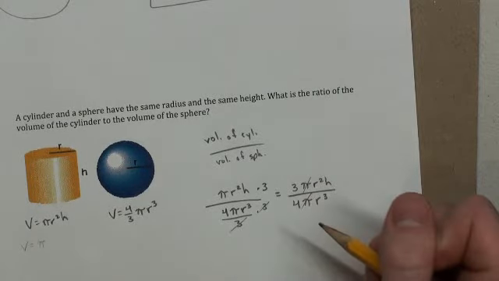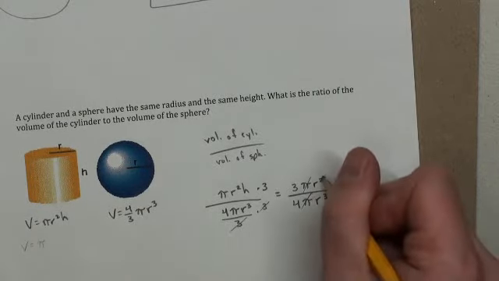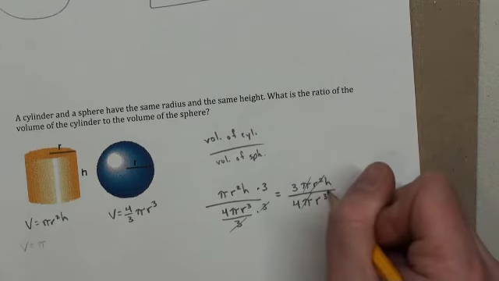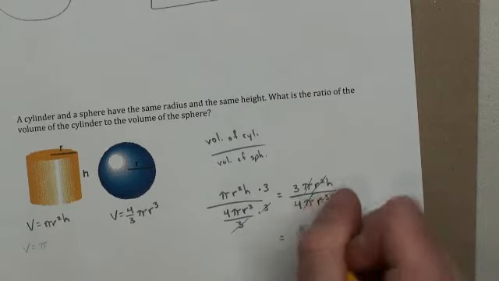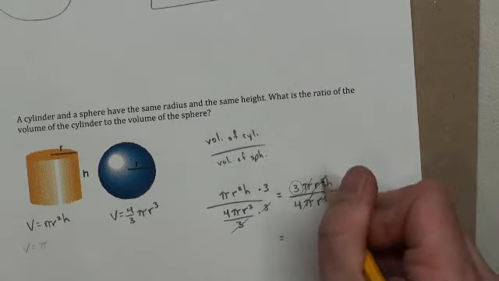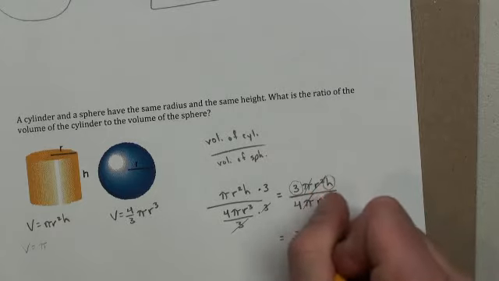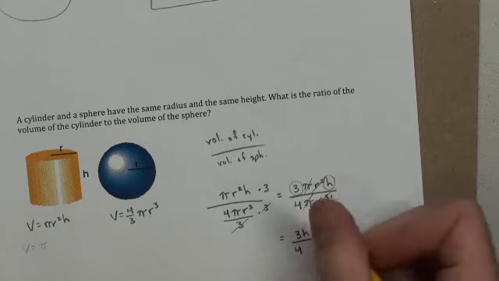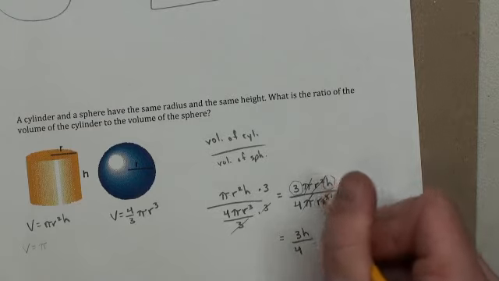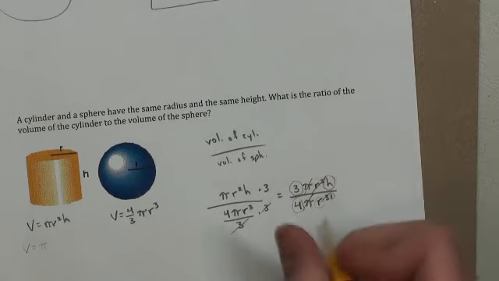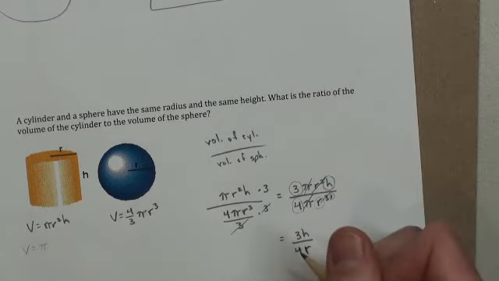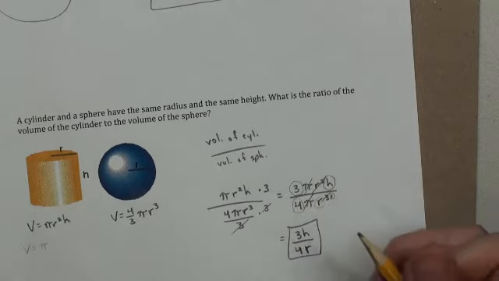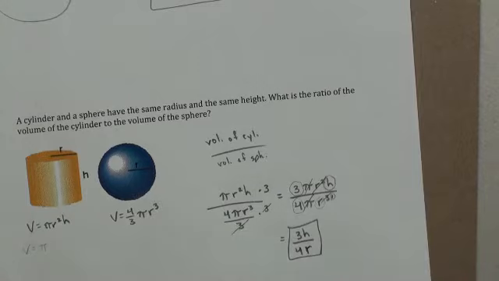The pi's cancel. 2 of the r's cancel with 3 of the r's and leave me with 1 r left. So what I have is still the 3 and the h on top over 4 r to the first, so 4r. 3h over 4r is the ratio of the volume of the cylinder to the volume of the sphere. Okay?